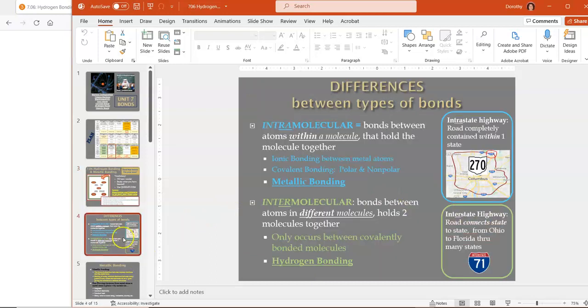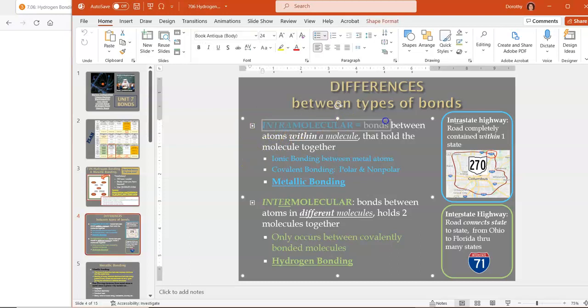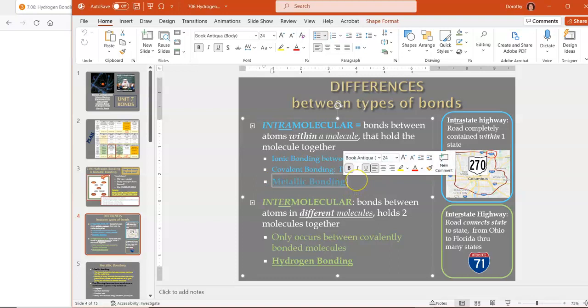So let's go ahead and look at these. There are two different types of bonding. We have intramolecular bonding, where intra means within a single molecule. For example, a single water molecule when the oxygen and the hydrogen bond. In this lesson, intramolecular would be metallic bonding, where the metal ions are bonded to other metal ions because of the behavior of those valence electrons.